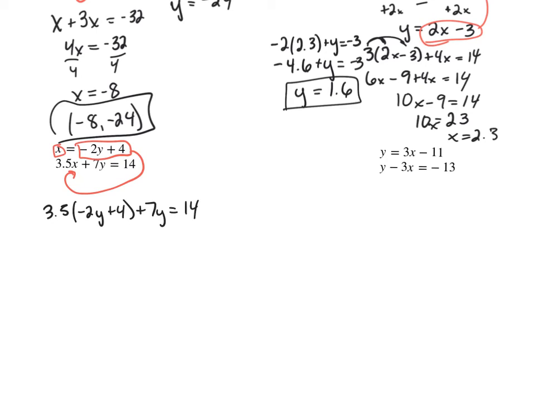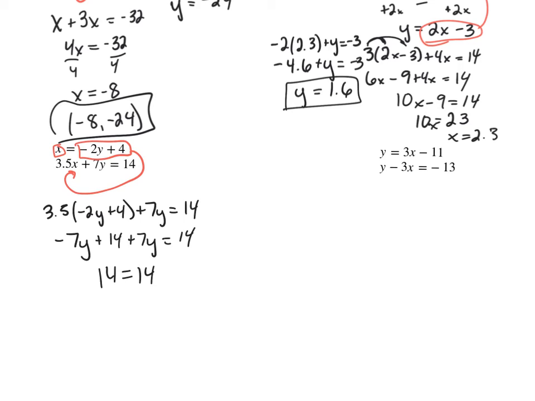And I work on solving this. So negative 7y plus 3.5 times 4, that would be 14, plus 7y equals 14. And when I combine like terms, I end up with 14 equals 14.